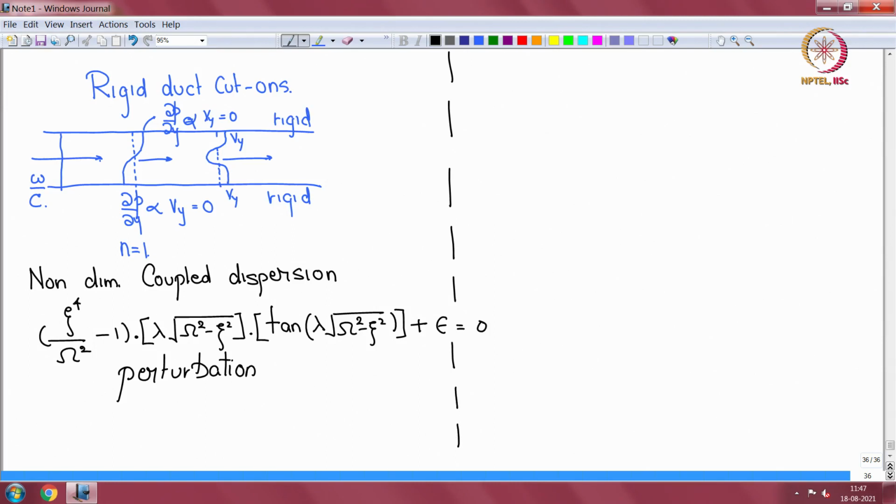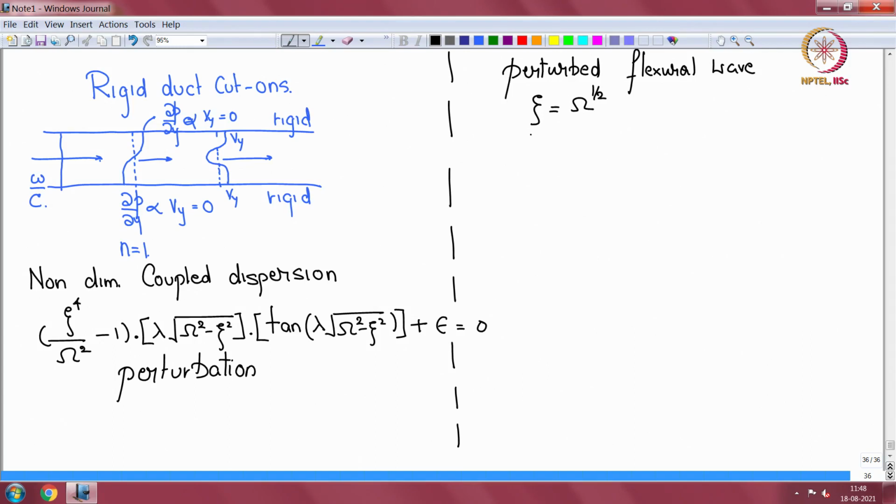First, let us look at the perturbed or coupled flexural wave, both are equal now. What was the unperturbed or uncoupled flexural wave? It was given by this.